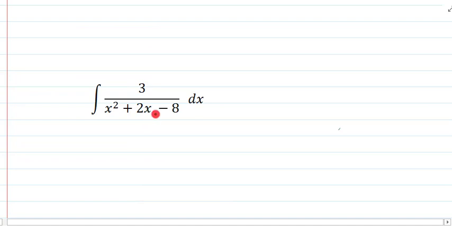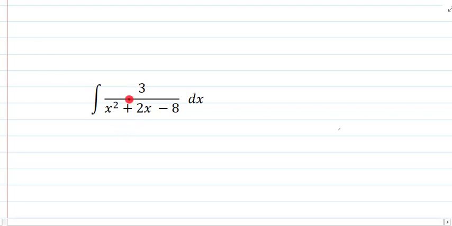So here is the first example in front of you. This is a very simple example. This is a constant dx upon a quadratic polynomial. As I told you, the quadratic polynomial in the denominator will be converted by using the completing the square method. So before taking this problem, let me recall the completing the square method.